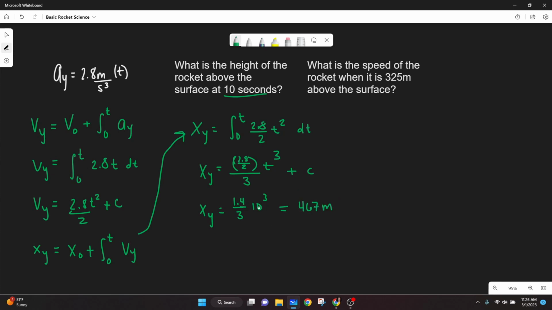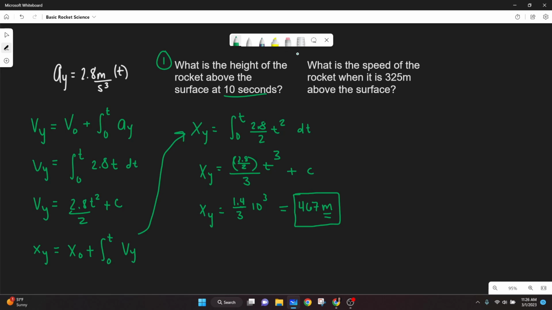So 10 cubed is 1,000 multiplied by, this came out to be 0.466 repeating, and then 7. And then we multiply them together to get 467 meters above the surface. And so that is the answer to question number 1 here.